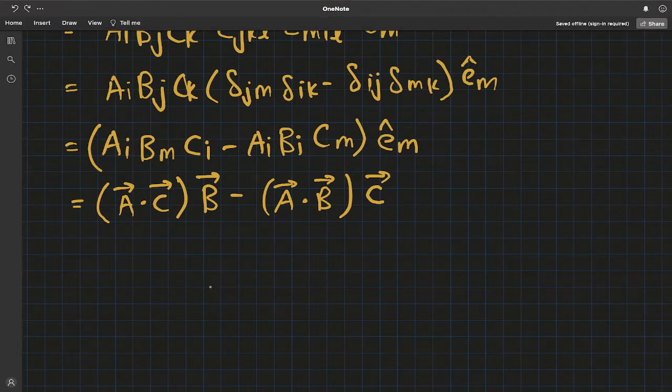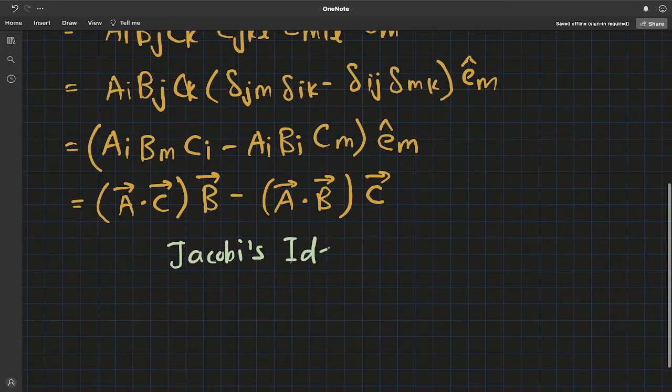Now one direct consequence or application of this is in Jacobi's identity.